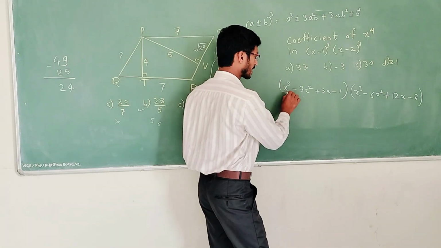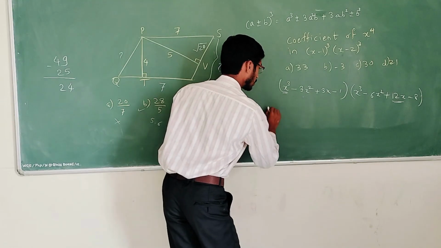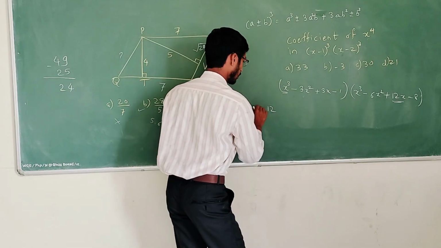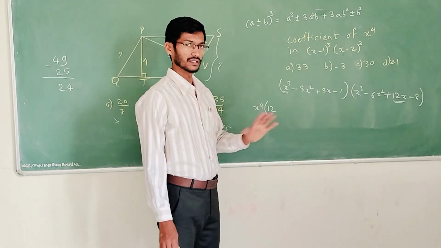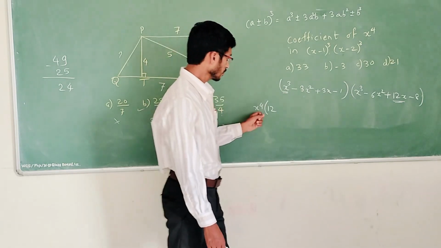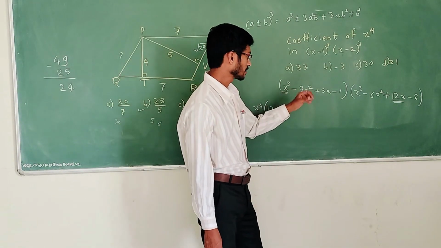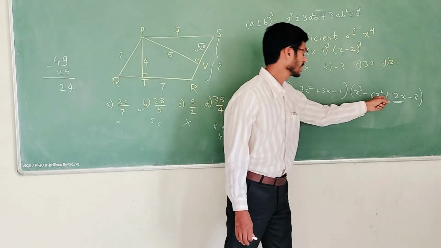So I will multiply x cube into this x. So first, 12 x raised to 4, I will take common. I will not multiply everything. You can do this, but we don't have time. So I will multiply only this part. Now, if I multiply this by this, then also I will get x raised to 4.